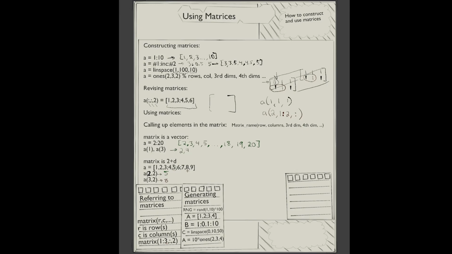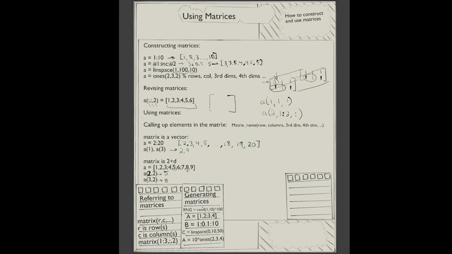Colon is all the columns, so if there are 5 columns in the matrix, it is all 5 columns. It would be equivalent to 1 colon 5. If you just care about one position in the row, column, or depth in the third dimension, you would just include one value. So in this case, I'm just looking at the depth of 2, like in this example, that would be the depth of 2, and this would be the depth of 1.